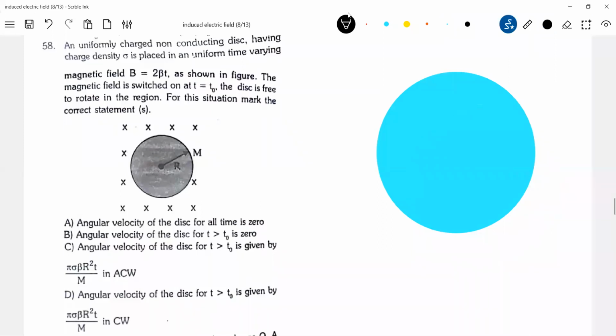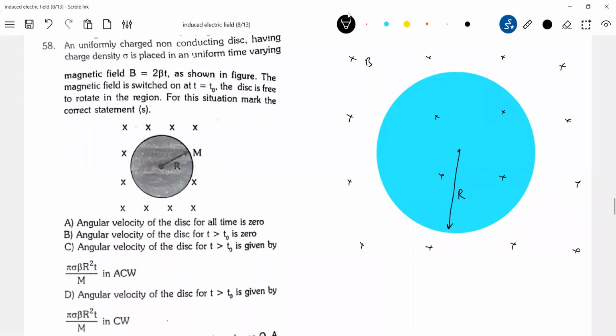So a magnetic field is present everywhere, into the plane. And the magnetic field is switched on, and it's a time varying magnetic field, B bar. So let R be the radius of the disk. Everywhere charge is present. Again, I should show the plus sign, but the diagram will become very clumsy, so I'm just retaining it as a charged disk.